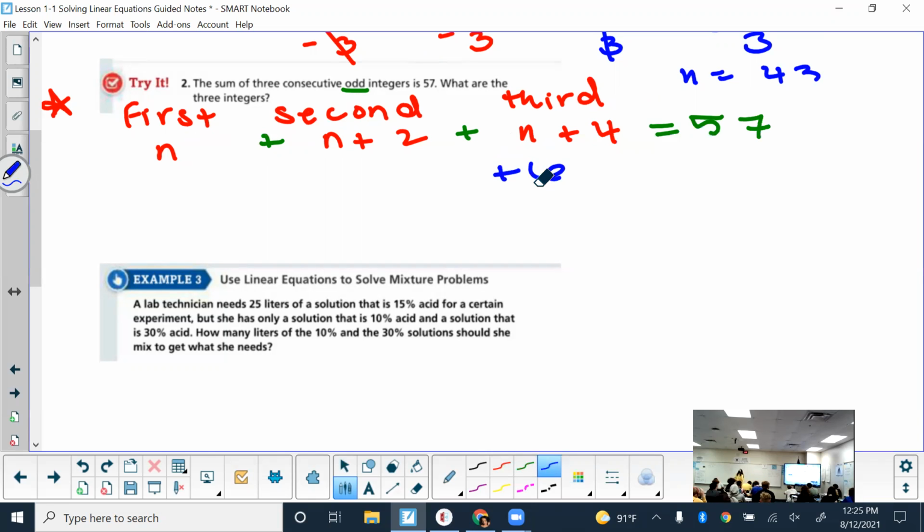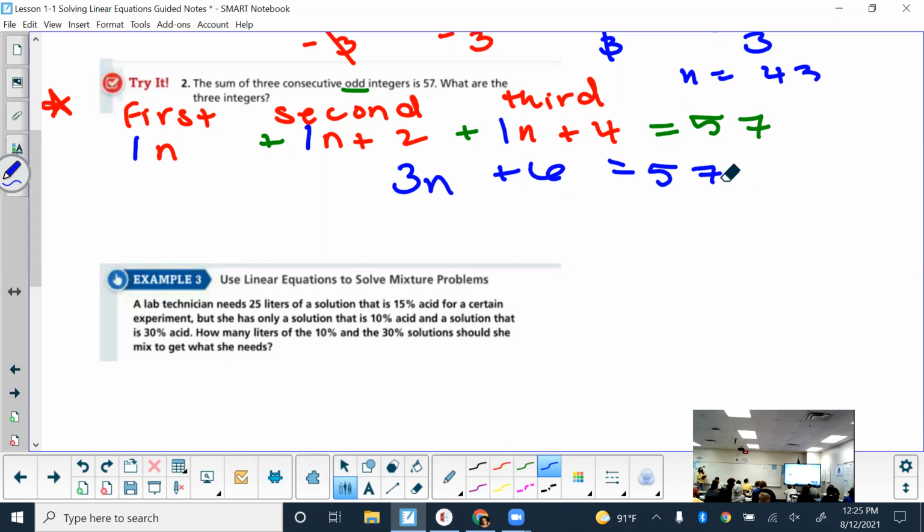Can I combine anything else? The n's. So if the coefficient isn't written, what's the coefficient? 1. So I have 1n plus 1n plus 1n, which is 3n. And then bring down that equals 57. Good there?